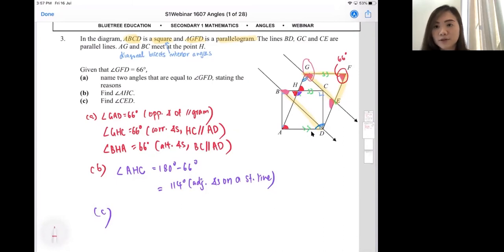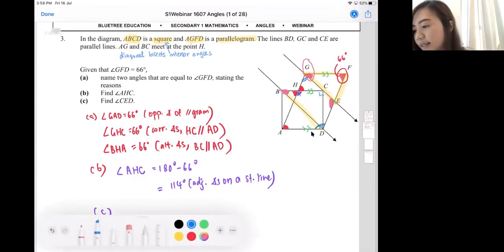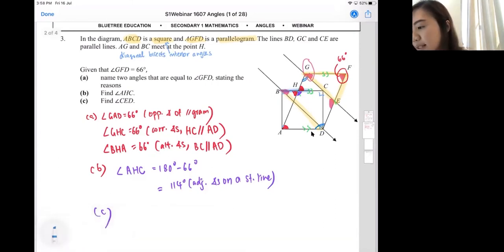HBD. HBD and EGF are actually equal because they are corresponding angles. They take the same relative position with respect to the parallel lines BD and GE. This angle is between the lines BC and BD.